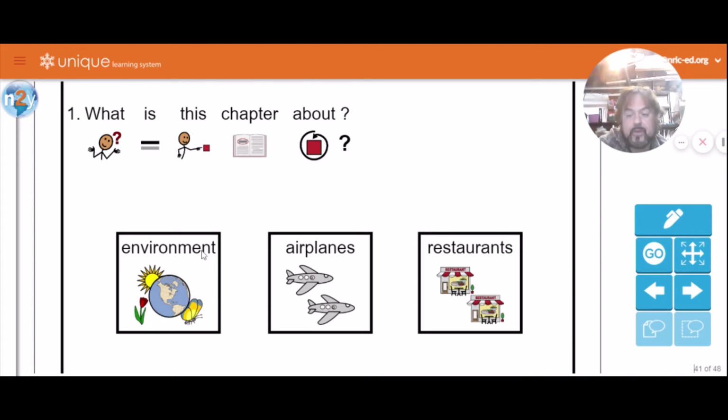Is it about the environment? About airplanes? About restaurants? You guessed it. It's about the environment, and how building cities can hurt the environment.